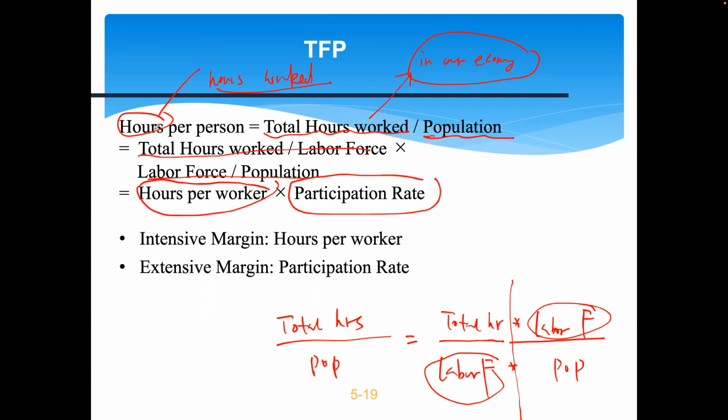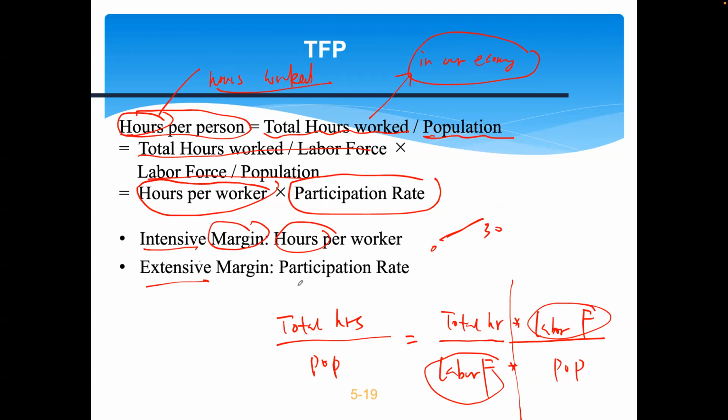Or in other words, we are going to decompose this change in hours per person into margins. Margin means two different aspects. One is intensive, the other is extensive. So let's understand what intensive and extensive mean. Intensive means you are in the labor force and working, and you change hours per week, continuously, from 0 to like 30 hours per week.